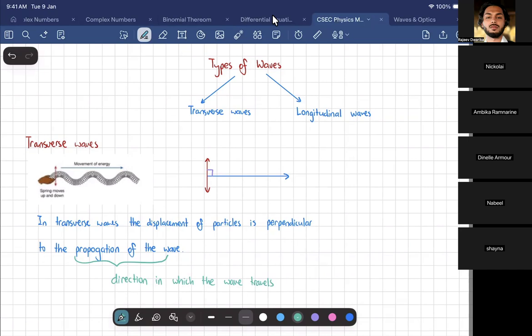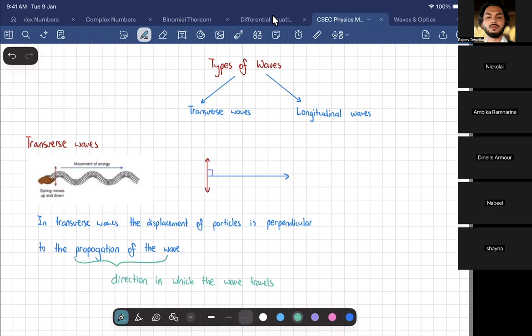So I am displacing the spring up or down, but the propagation of the wave is perpendicular to that. And the propagation of the wave is just simply the direction in which the wave travels. Do you understand that? It makes perfect sense now, right? Ambika, it makes sense for you now?